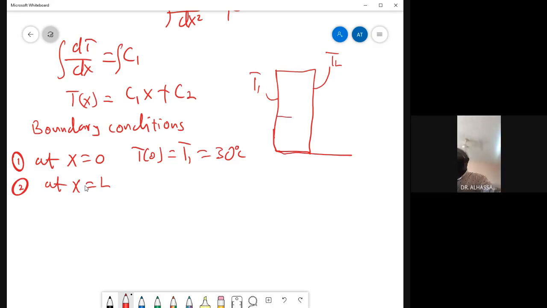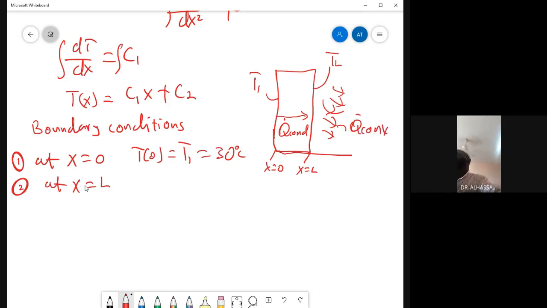As far as heat transfer is concerned, the mode of heat transfer from x equals 0 up to x equals L is conduction, Q conduction. The same amount of energy is transferred to the fluid, that is the air, close to this surface, and this surface is influenced by convection heat transfer.